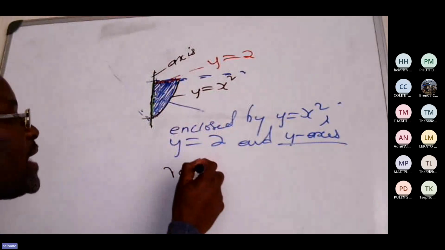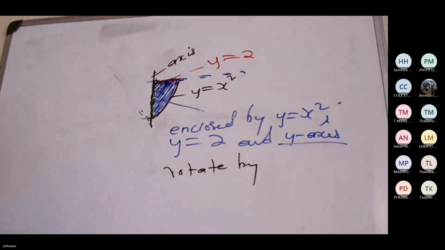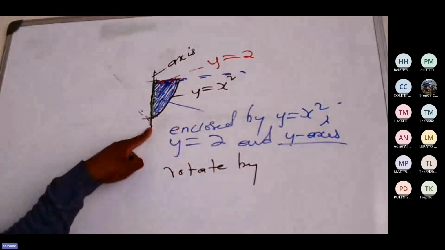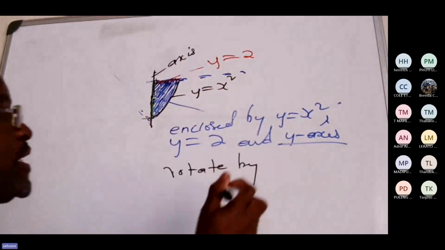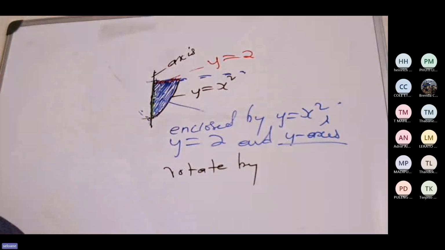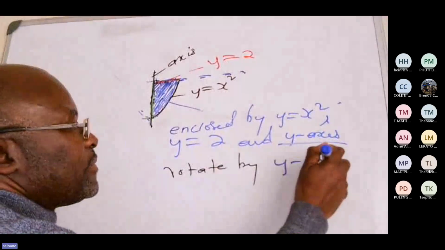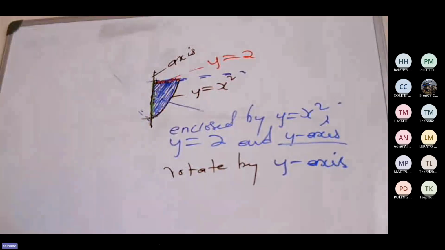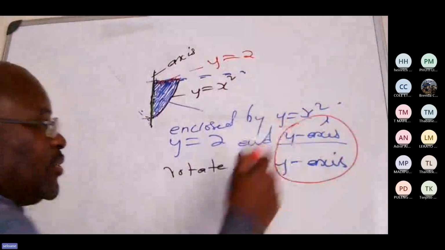We're going to say rotate it by this line, which is this curve. Rotated, let me write it in blue, by the y-axis. And you look at it as two.